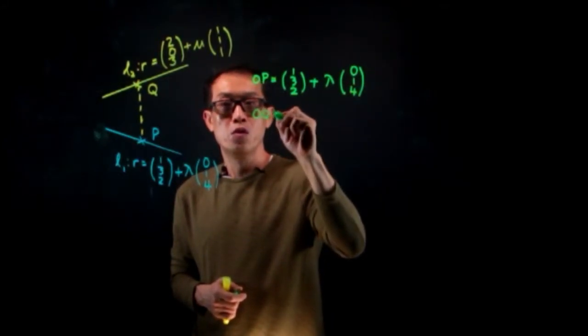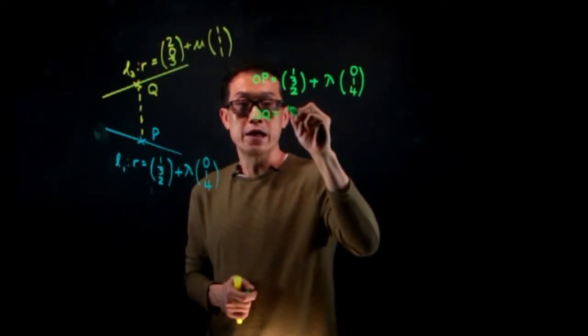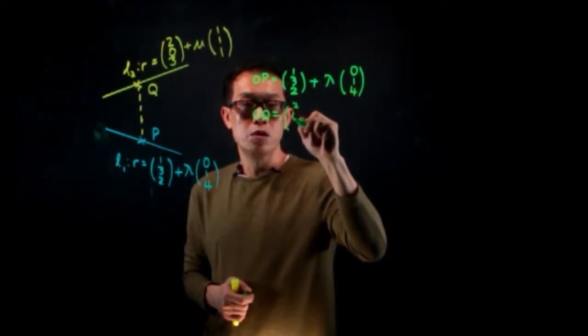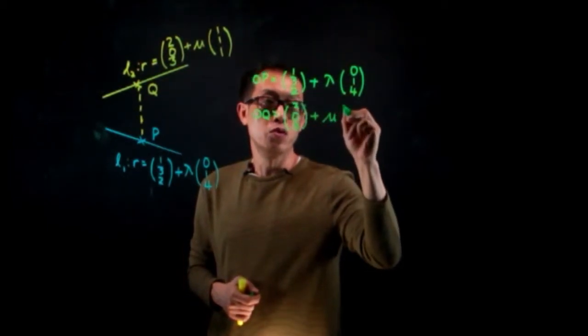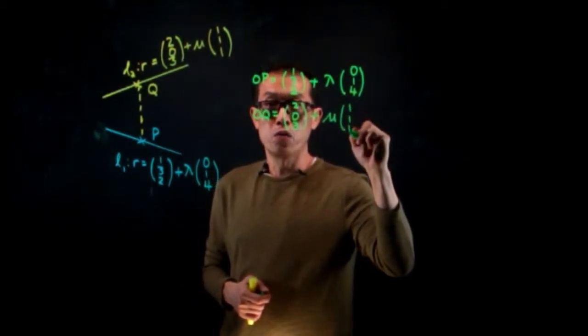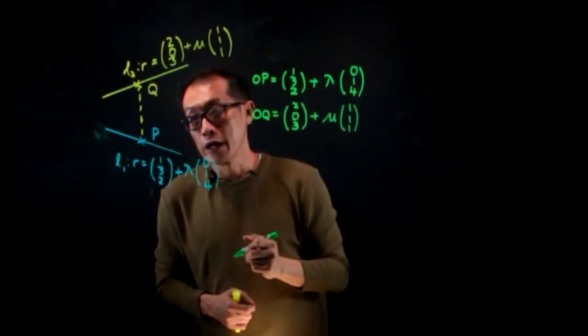OQ can be written as (2, 0, 3) plus mu (1, 1, 1). Okay?